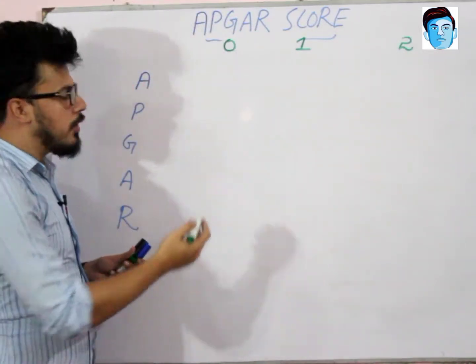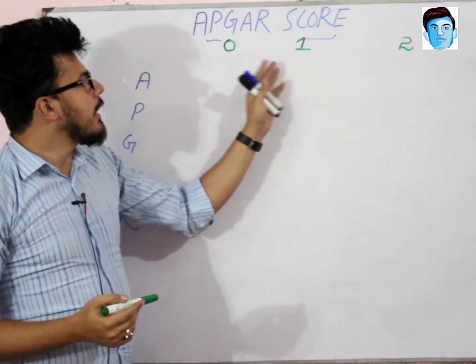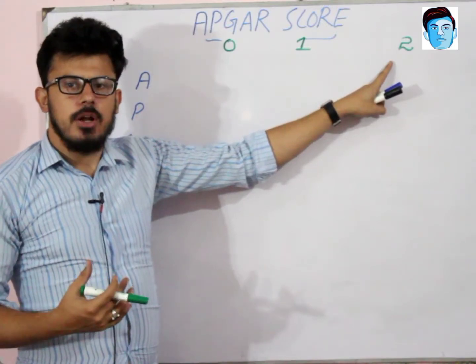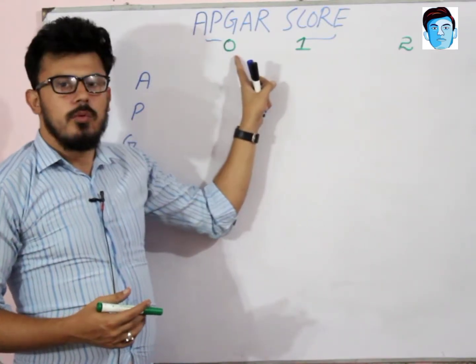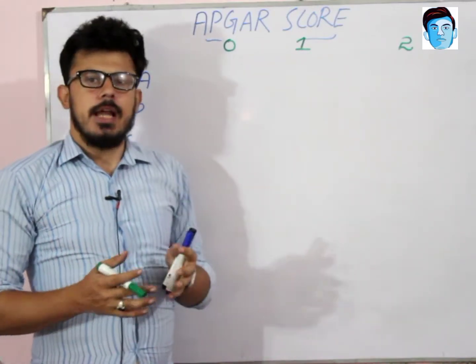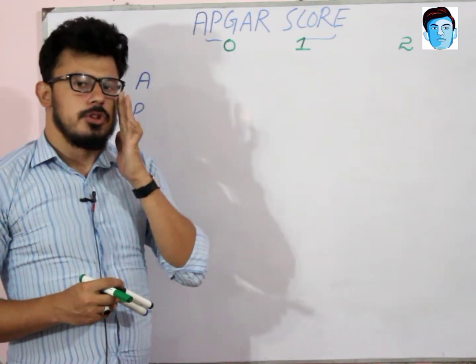So with respect to different components, we assess by different numbering, that is 0, 1, 2. So 2 will assess the best condition of a child, while 0 will assess the worst condition of a child, while 1 will show us an intermediate, relatively good or bad condition of a child.